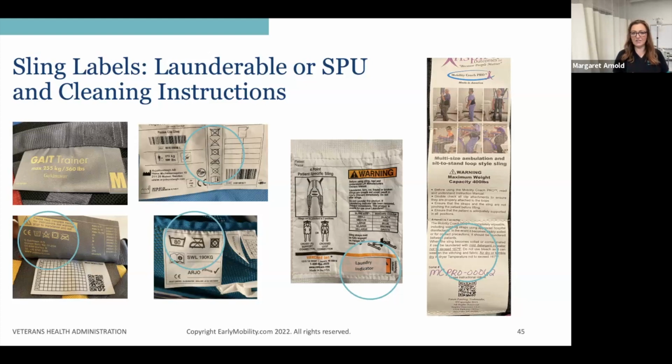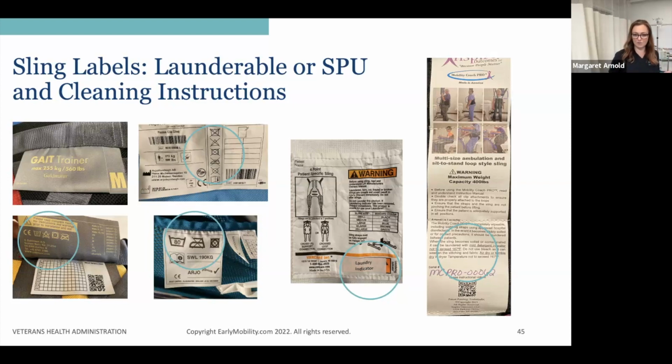You'll see in this version in the middle here where it has the warning sign and the laundry indicator, this is a single patient use sling that has been laundered. What the laundry indicator says is this sling has been laundered and must not be used again.